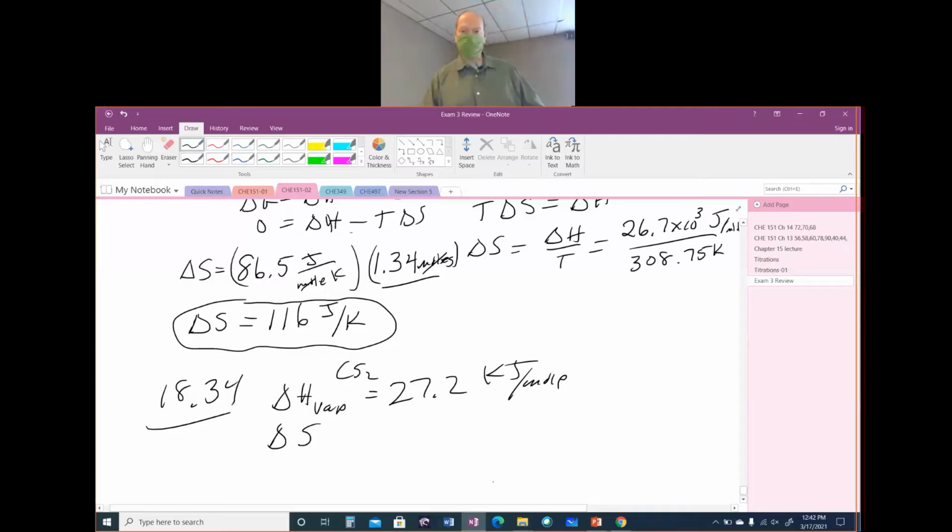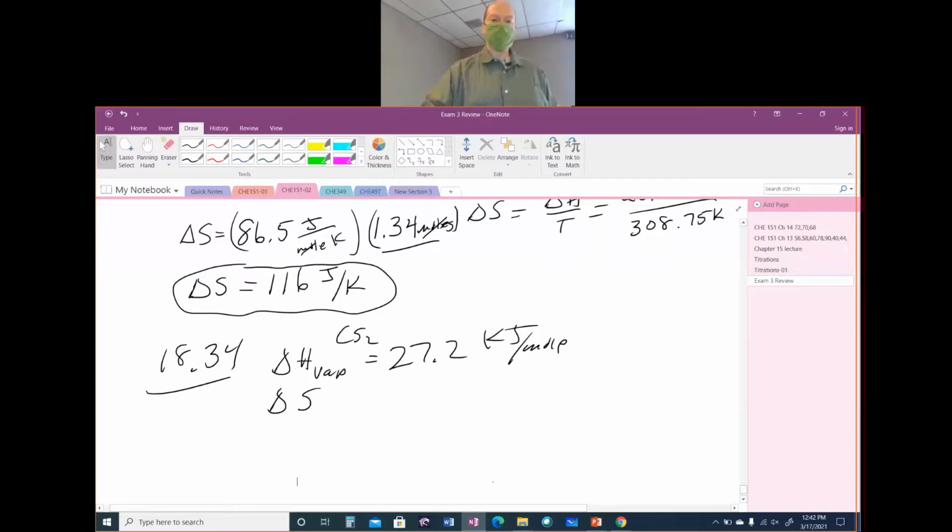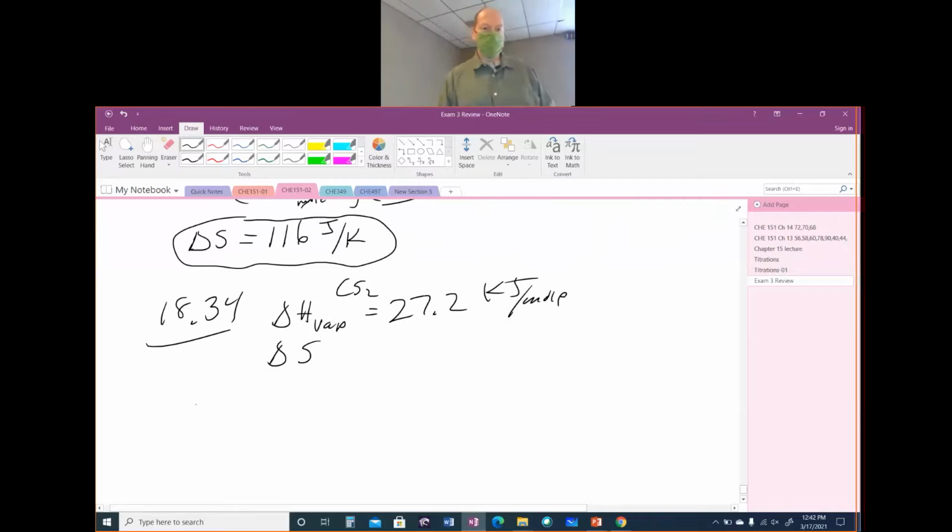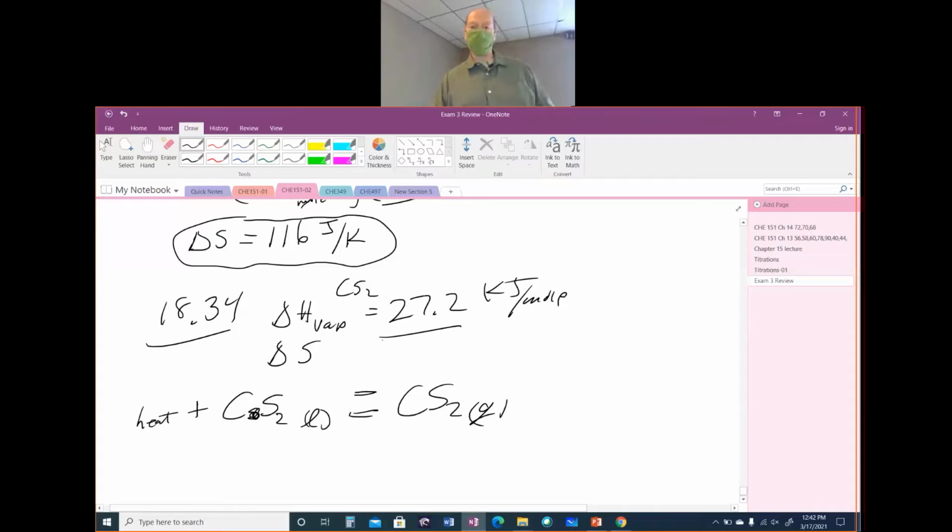All right, so here we have to write a reaction. So here is our reaction: CS2 liquid going to CS2 gas. We already know that we have to add heat to this. We know that it's going to be endothermic.